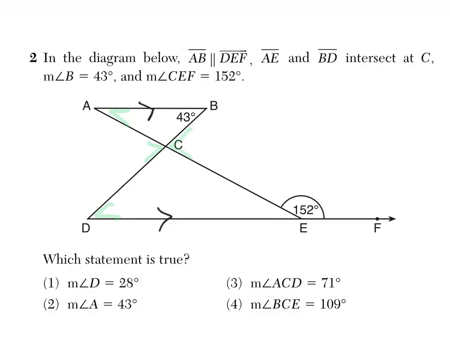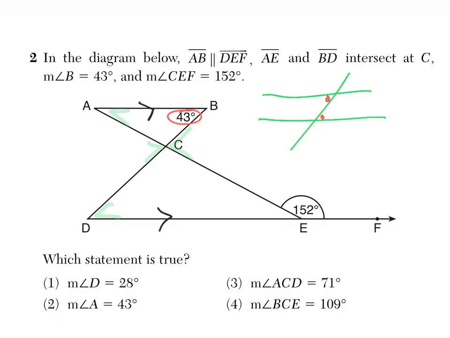Great. So let's fill in the gaps with what we already know. I can see that because AB and DEF are parallel, we've got a transversal cutting across here, and a transversal cutting across here. And we remember that if we've got two parallel lines that are cut across by a transversal, we've got something called alternate interior angles, and they are congruent. And we actually have that right here.